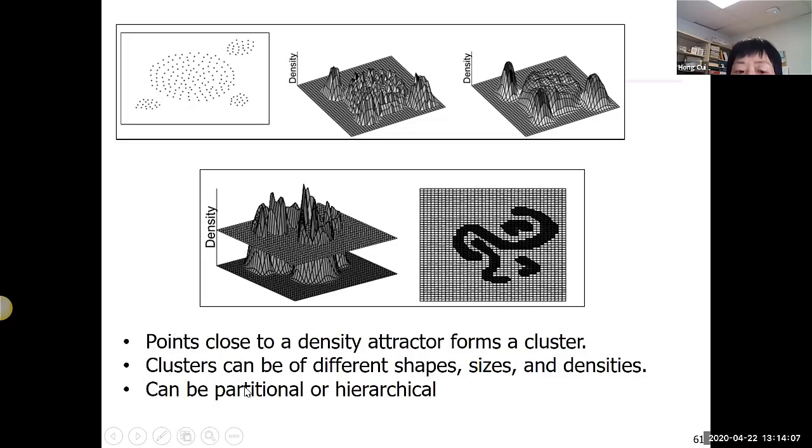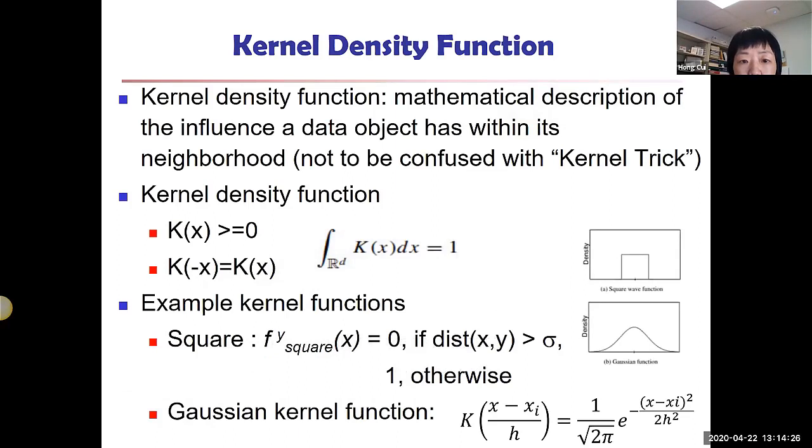The partitional would occur when you're just looking at those density attractors separately. So each density attractor is going to form one cluster. Those clusters may be connected, but they do not have to be. This says what we already said.